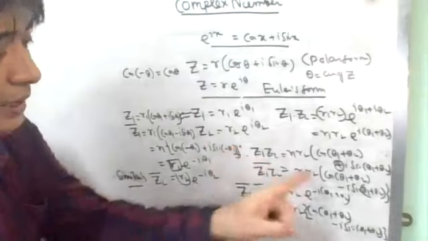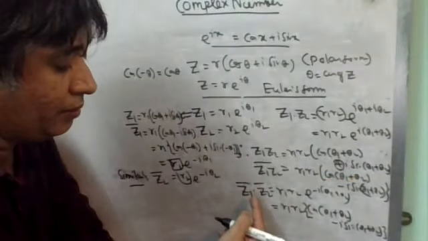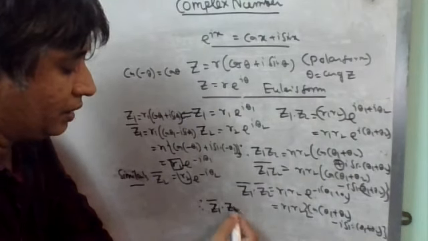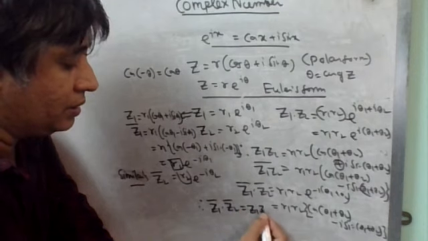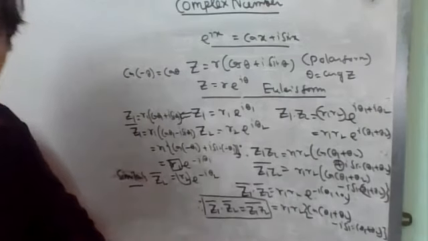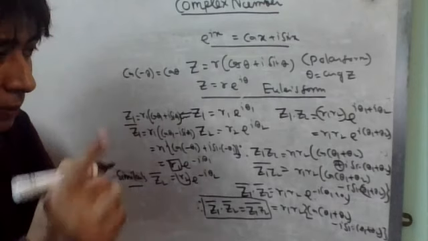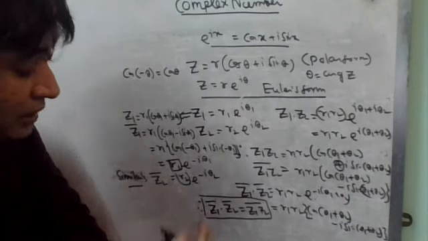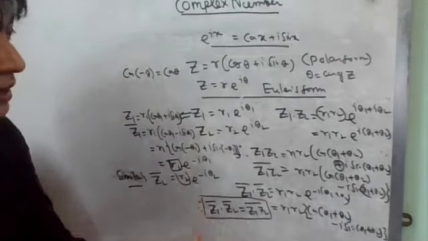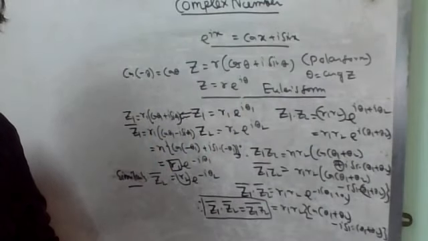Z1 z2 whole bar represents the value which is also represented by z1 bar into z2 bar. I told you that for z1 plus or minus z2 whole bar, the splitting of the bar sign is also applicable in product, and by using Euler's method we could discuss it.